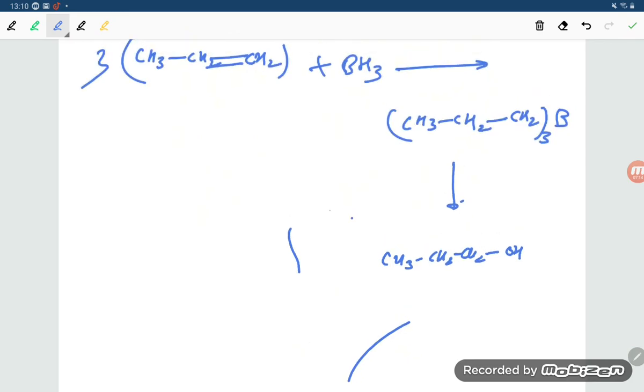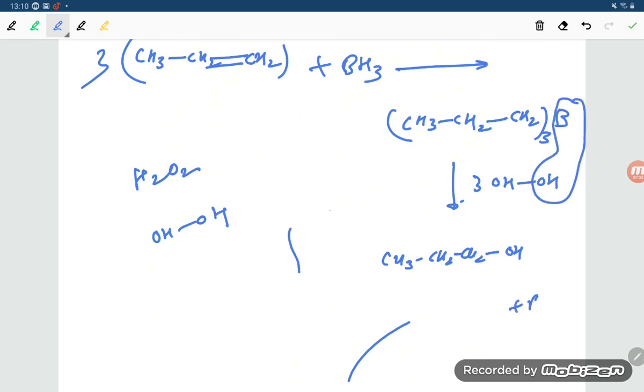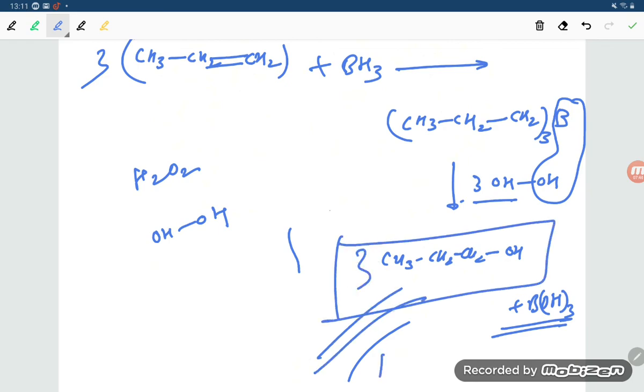We can write H2O2 as OH and OH. If you take 3 moles of OH and OH, then B(OH)3 is coming out, and 3 OH will be there on the alkyl groups. So this will be 3 moles of alcohol. So this is our answer, student. This is our required answer. Okay, thank you so much for watching, friends.